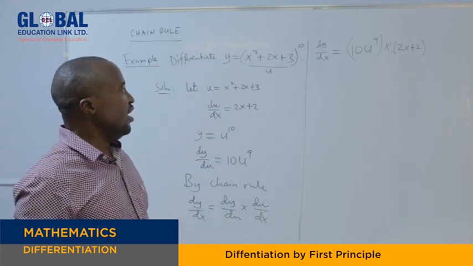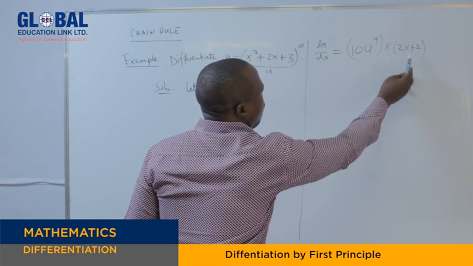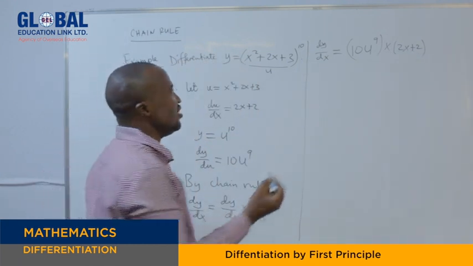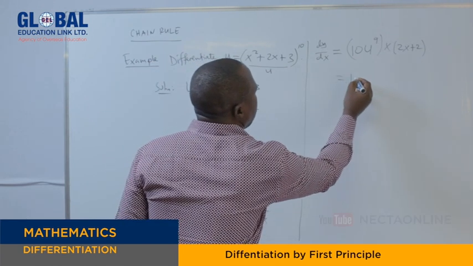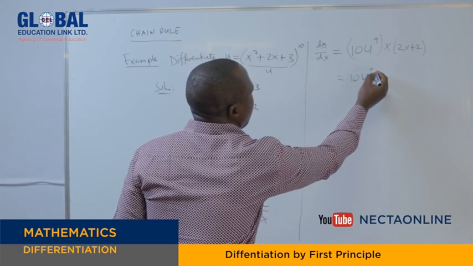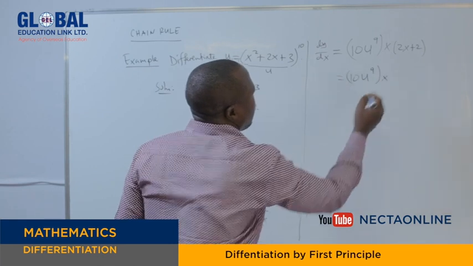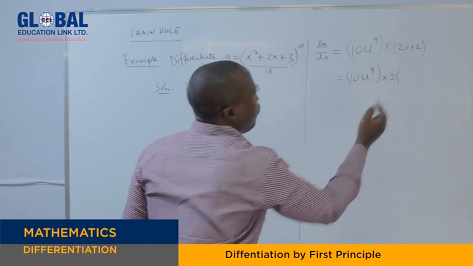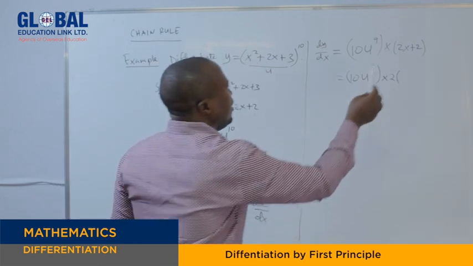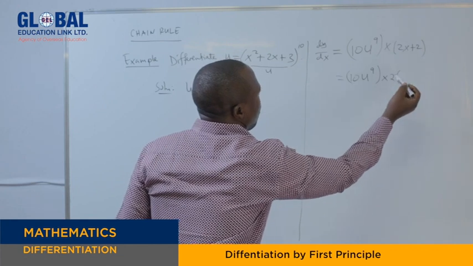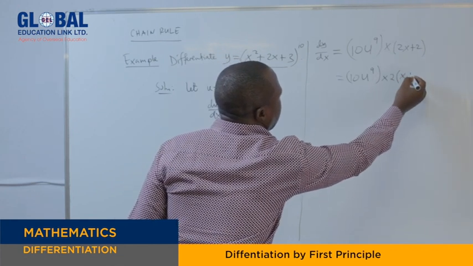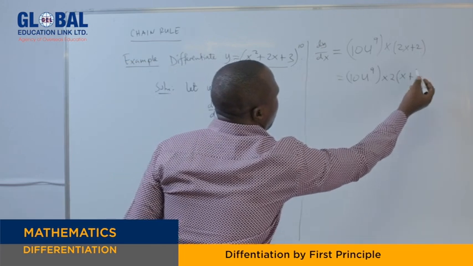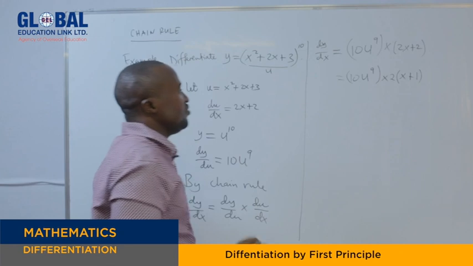Now, if you can see, 2 is common. You can write 2 outside the bracket. So we are going to have 10 u raised to 9 times 2 bracket of: take 2x divided by 2, we remain with x plus; then again, take 2 divided by 2, which is equal to 1.